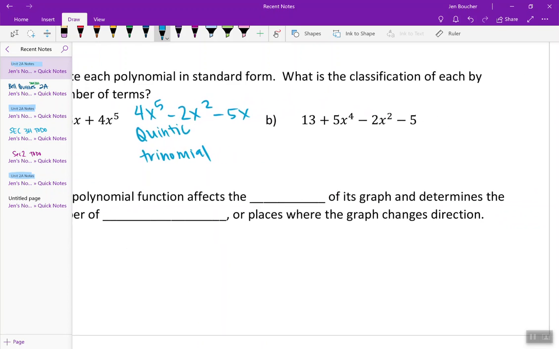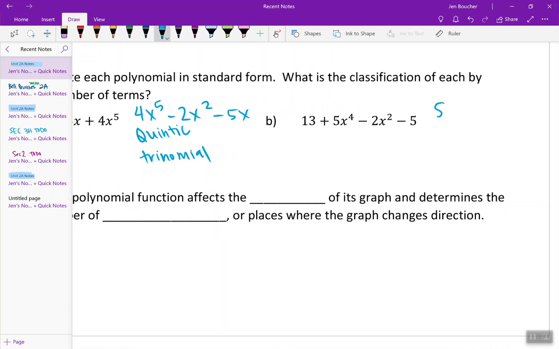So for part B, writing that one in standard form, you would write 5x to the 4th minus 2x squared plus what? 8. And now we can name that one as quartic and trinomial. So simplify it if you can.